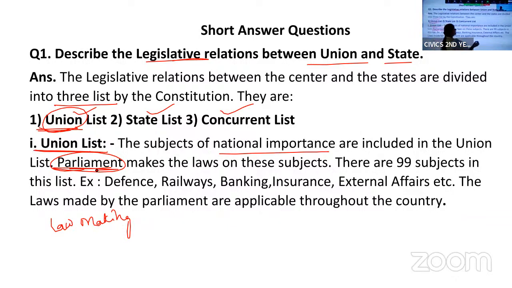There are some 99 subjects in the union list, like defense. Any law related to defense is made by the parliament. Railways, banking, insurance, external affairs or foreign affairs: on all these matters, the laws are made by the parliament.